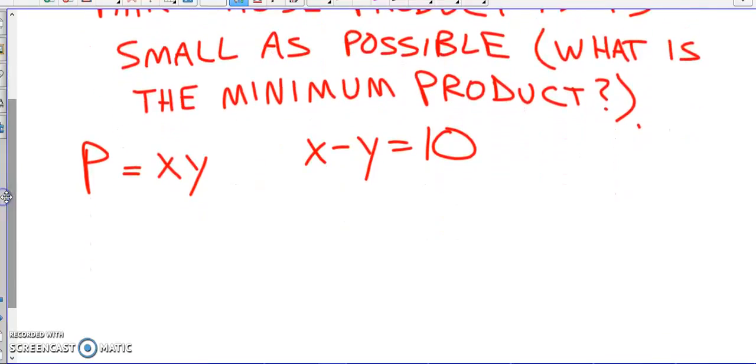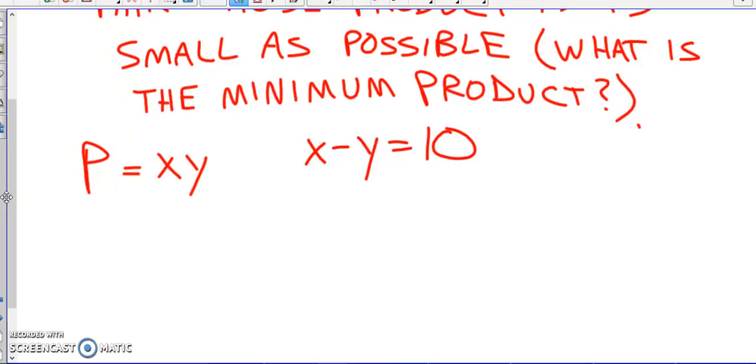Now, as it sits right now, this product expression has two variables in it. That's kind of hard to find the maximum or actually the minimum there. But what I can do is adjust this other equation here. I can solve it for one of the variables, and then I can substitute and see what happens. Which variable would you like to solve for in this equation right here?